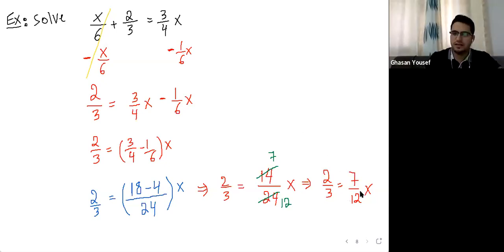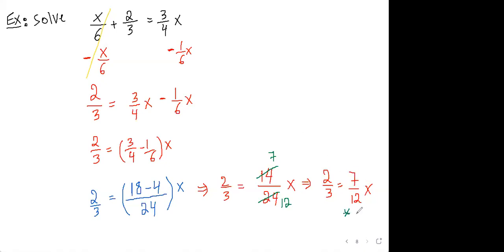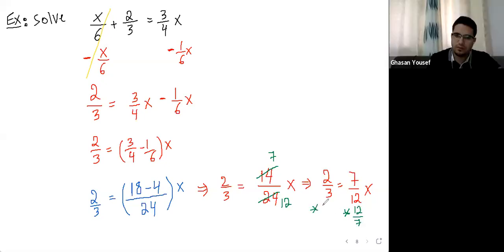What is the reciprocal of this one? 12 over 7. So here, multiplying both sides by 12 over 7, I get 2 over 3 times 12 over 7 equals x.